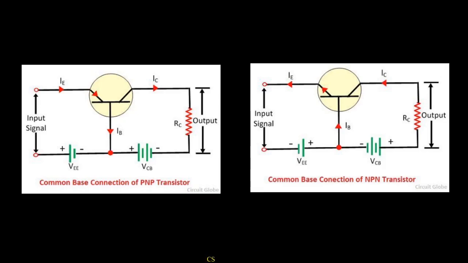In the common base configuration, the collector current IC is the output current and the emitter current is called the input current.